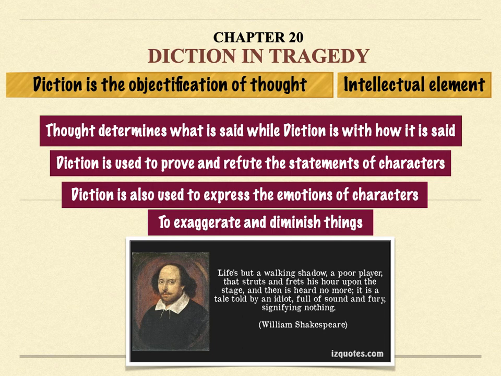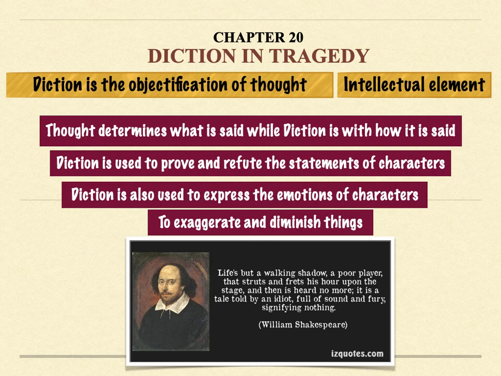Diction is also used to prove and refute the statements of characters. It is also used to express the emotions of characters. Apart from this, diction is also used to exaggerate and diminish things. So, for all these dimensions within the play, diction is used.